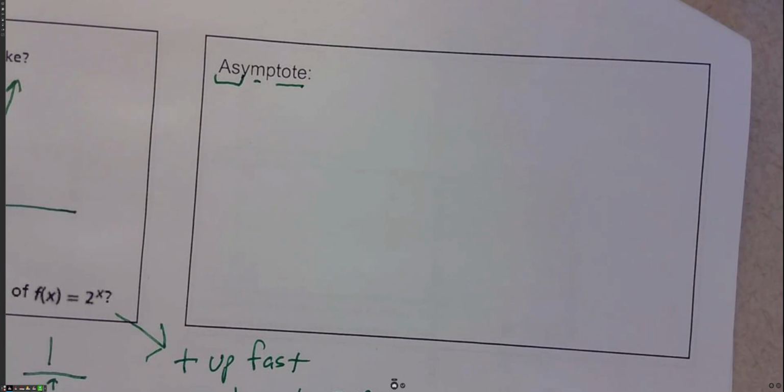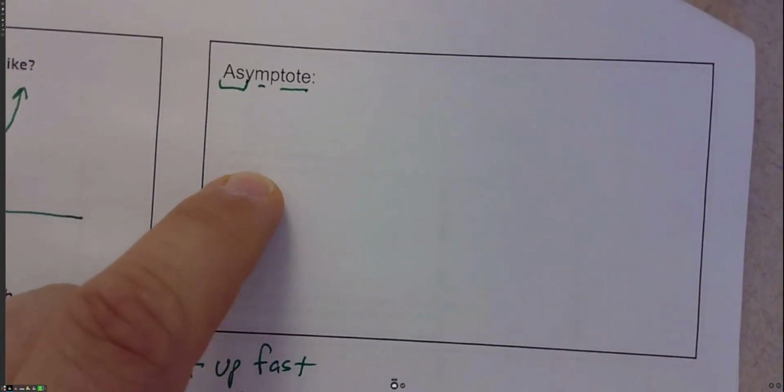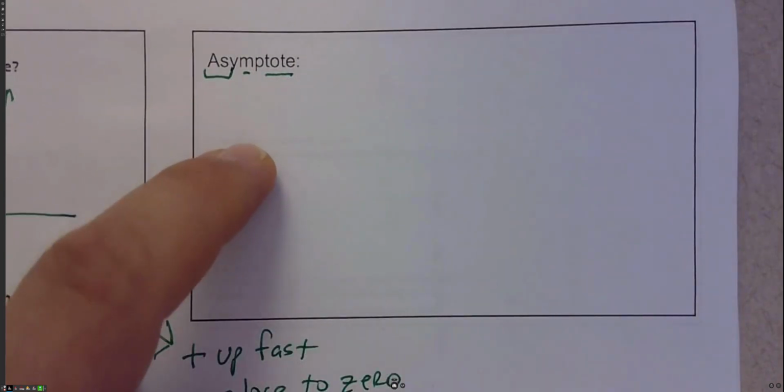M. It's ass, M, tote. Say it with me. It's against tote.